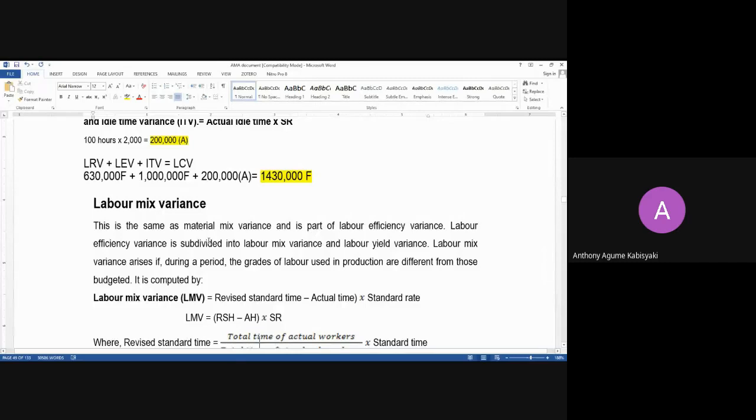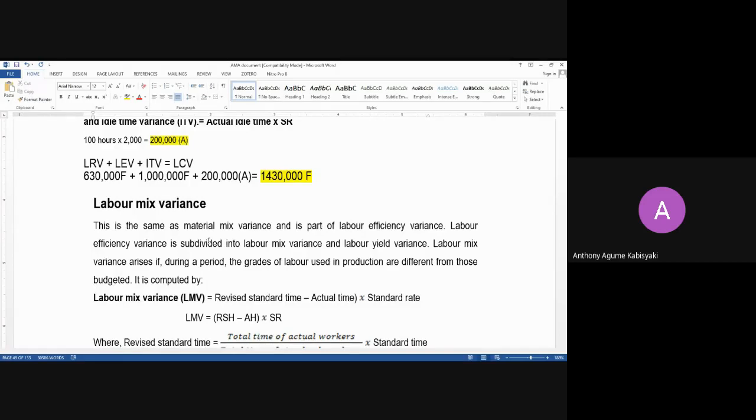If you still recall how we computed material mix variance, when it comes to labor mix, we shall also look for the revised standard time. Because you remember for material mix, we looked for revised standard quantity.